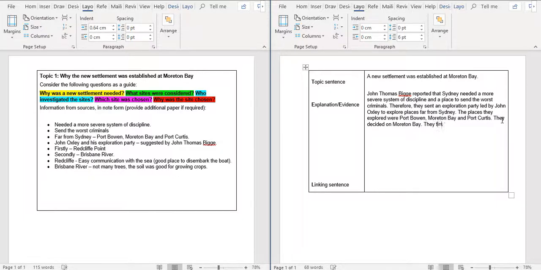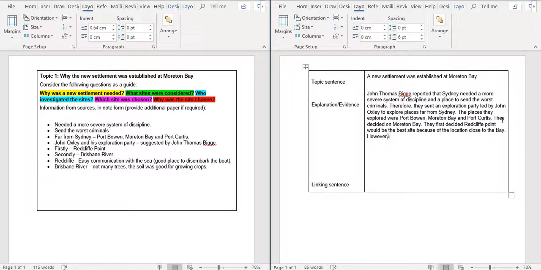They first decided Redcliffe Point would be the best site because of the location close to the bay.